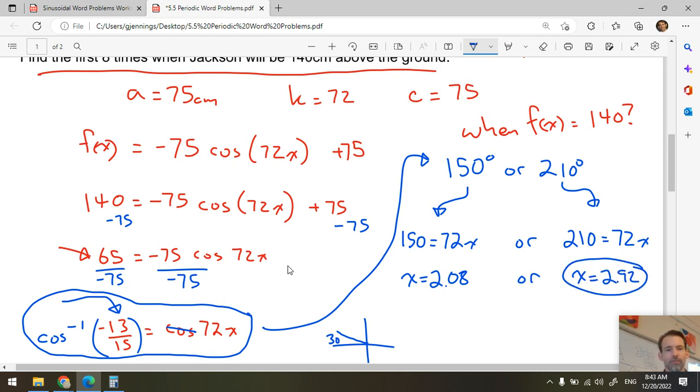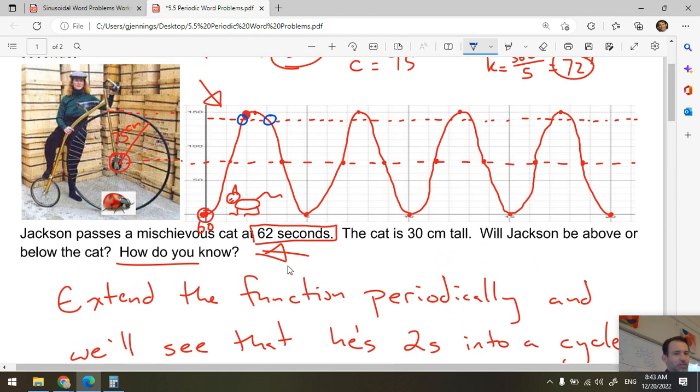Now, what we have found are the first 2 times that Jackson is 140 centimeters above the ground. How will we find the first 8? Work visually. To understand the method, I just found this one at 2.08, and this one was at 2.92.